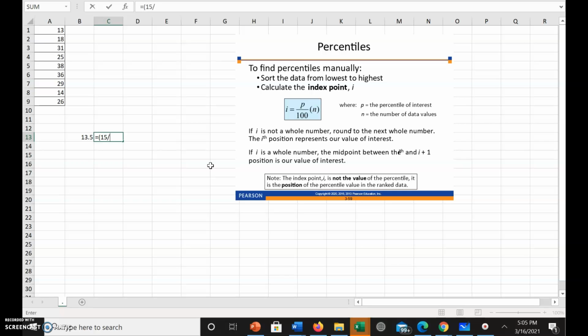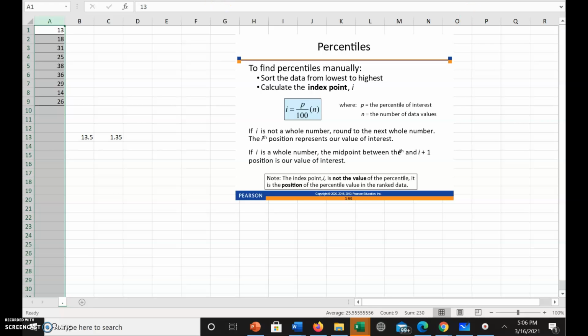So here, you would do the percentile, 15th percentile divided by 100 times n. And here n is 9. Alright, times 9. So this tells me that if it is a decimal, you go to the next one. So it would be the second number.